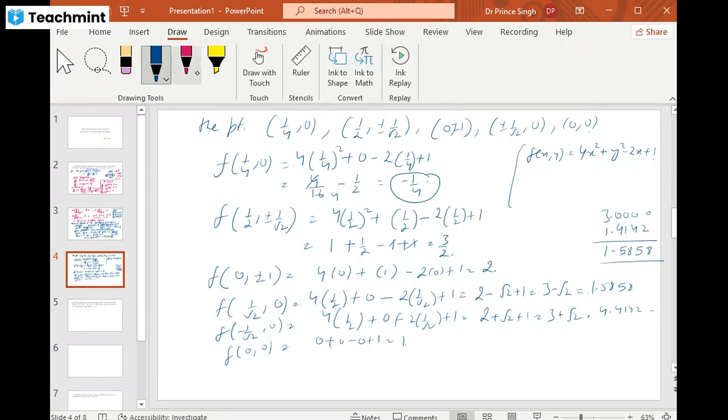Now if we compare all the values, so this is the point where the function attains its minimum value, and this is the point where the function attains its maximum value.